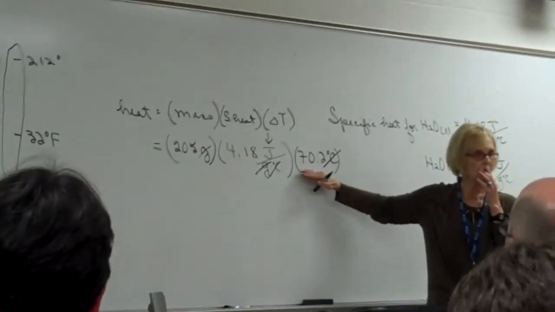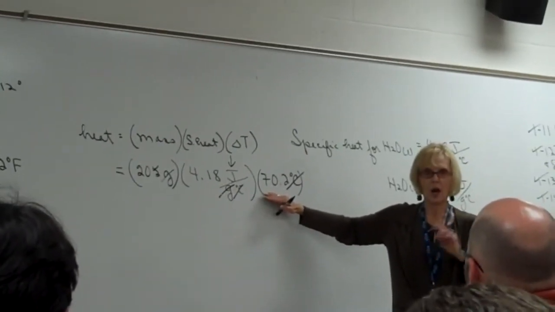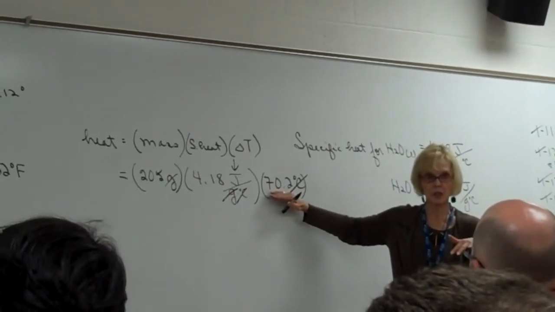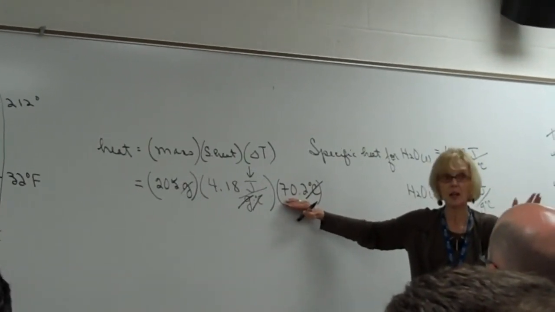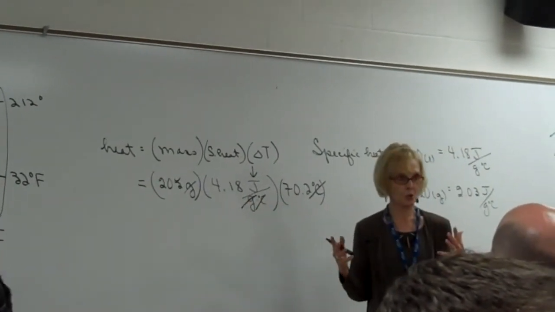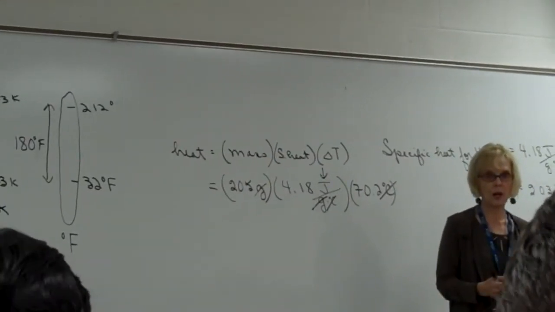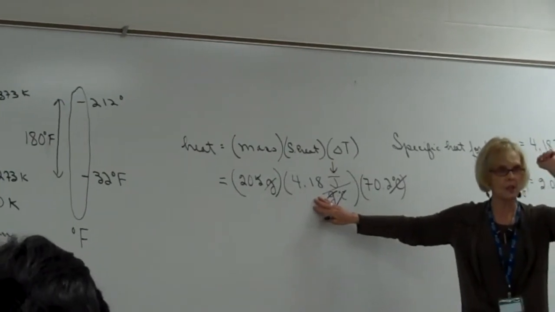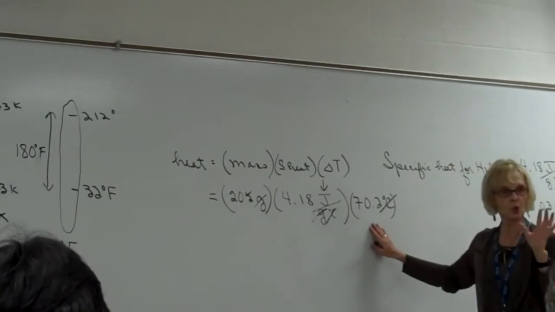Then over here, I don't want to change it just 1 degree. I want to change it a whopping 70.2 degrees. So 70.2 times more. Our unit analysis tells us to multiply, and our reasoning tells us to multiply, because this is for 1 gram, 1 degree Celsius, and you seldom want to do just that. So we're going to multiply, and we're going to think sig figs.